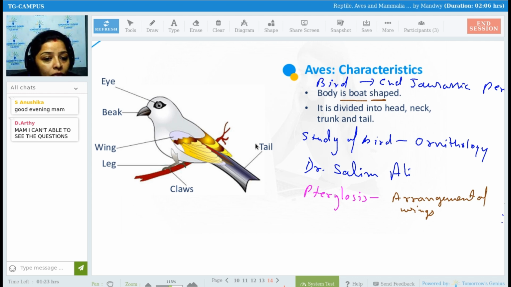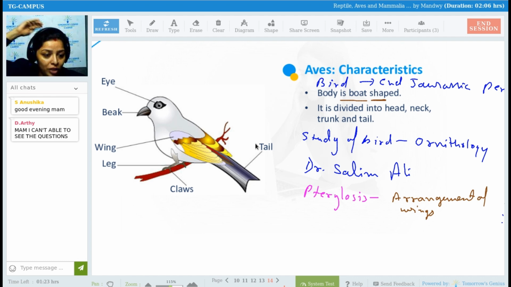In some birds the neck is quite reduced in length, but in most birds the neck is long and flexible. The neck parts of birds are flexible, they can move through 360 degrees, in all directions.